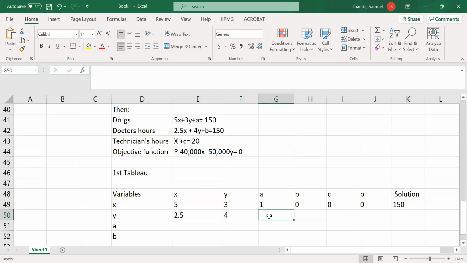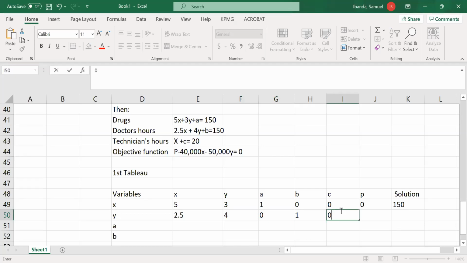And here we have 0. Here for B, we have basically 1, as we can see there.